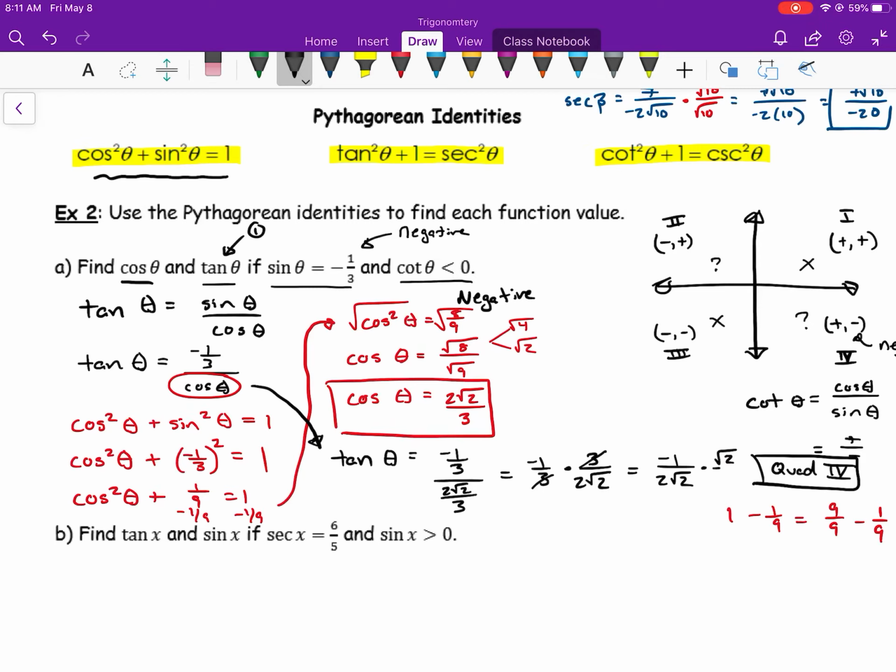We'll rationalize the denominator, multiplying by square root of 2, and we end up getting negative square root of 2 over 4. I'll go back so you can see the work there: I have 2 from that, and the square root of 2 times square root of 2 is 2, and that's how I got that. So I have my cosine and I have my tangent. These problems, you've got to bounce all over the place. You have to take what you know and plug in to get another piece that you know.